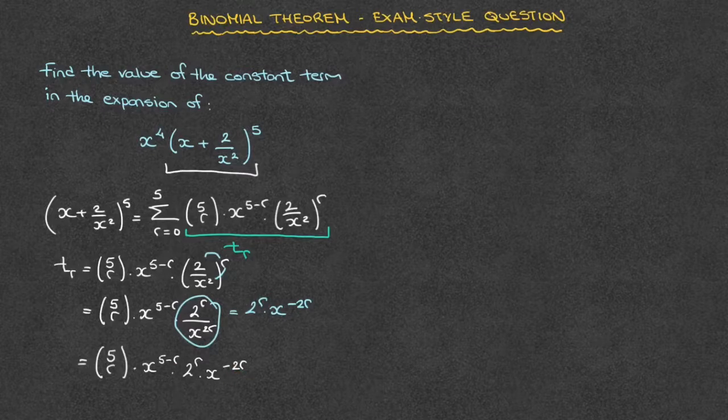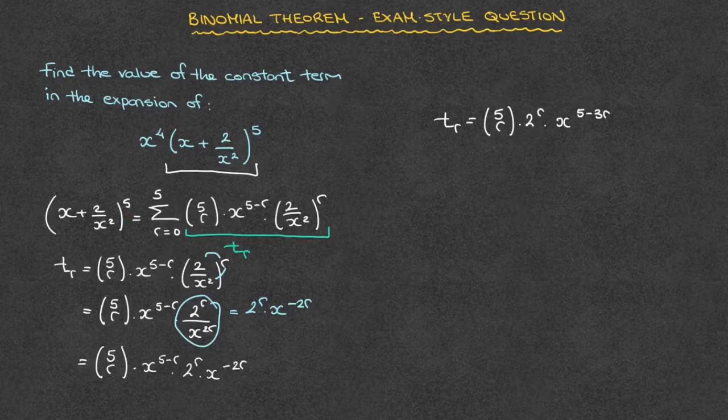In doing so, we can state that T of r is equal to the binomial coefficient 5r times 2 raised to the power of r times x to the power of 5 minus 3r. And this 5 minus 3r is 5 minus r plus negative 2r. So this is the general term of the expansion (x + 2/x²) raised to the power of 5. In fact, I'll go ahead and box that initial result.